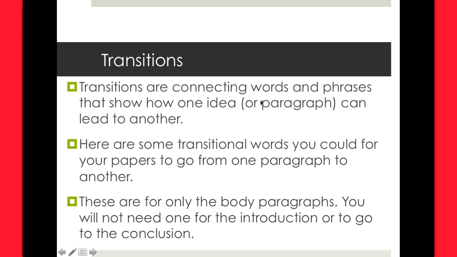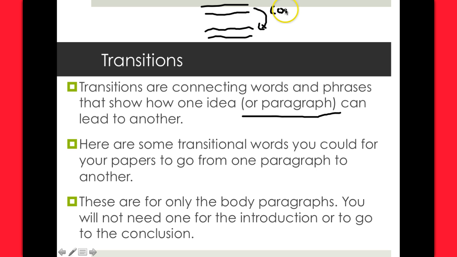Now we're going to talk about some transitions. Transitions are connecting words and phrases that show how one idea or paragraph can connect to another. So you've got your paragraph here, you've got your paragraph here, and then you have a little break into your next paragraph. You need a way to connect this one to this one, okay?